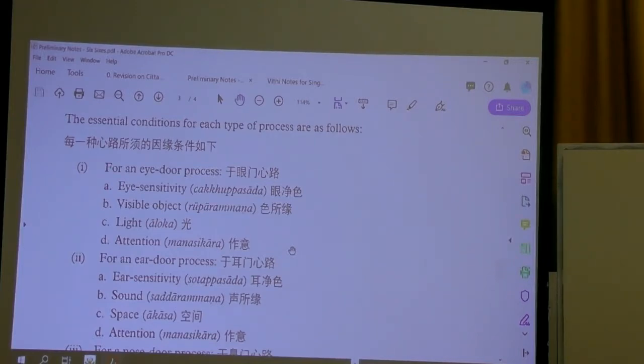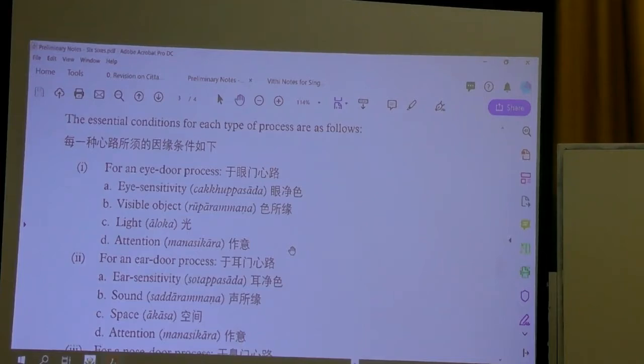Eye consciousness only arises in the eye base, not anywhere else, and no other consciousness does. How many consciousnesses arise in the eye base? One or two. At one moment, only one consciousness: one is the resultant of the unwholesome, eye consciousness, and one is the resultant of the wholesome.